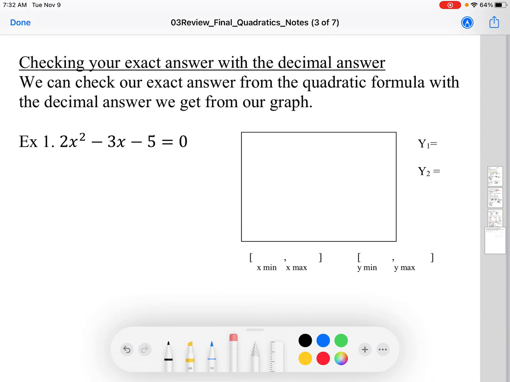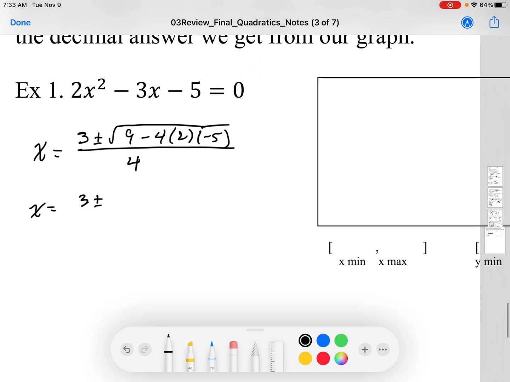Okay, so we can solve by quadratic formula, and we can check our solutions on our graph. It's always a good idea to be doing this when you're doing problems. So if I have x, I'm going to solve for x here, so I'm going to end up with negative of negative 3 plus or minus the square root of negative 3 squared minus 4 times a times c, all over 2a. Okay, so simplify that out, 3 plus or minus.